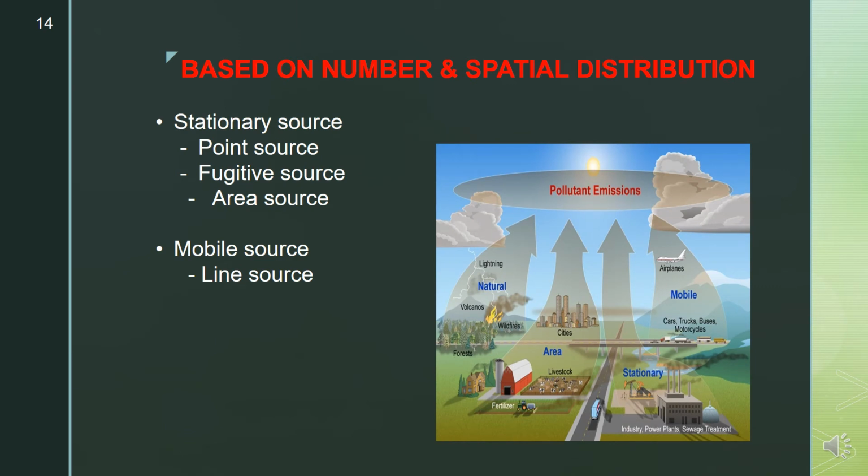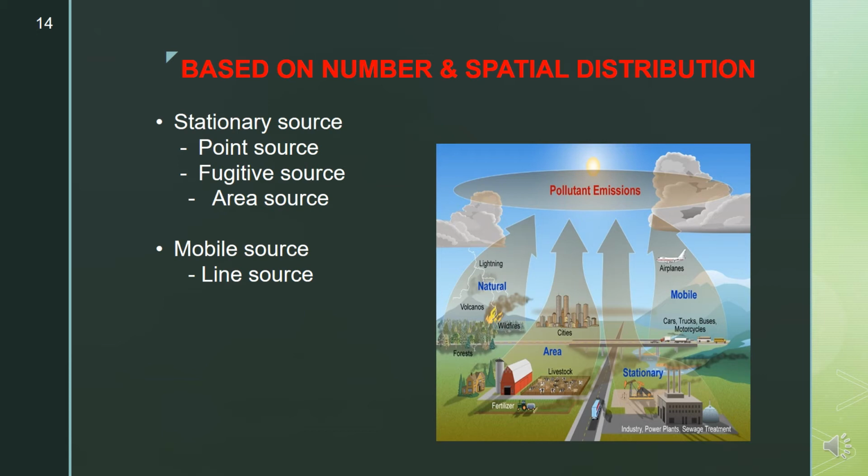Based on the number and spatial distribution, there are stationary sources, point sources, which will be at a particular point or a particular area, and area sources. Area sources means it will act on a particular area. Future means it is like the same, a particular future it's there, it will act on that one.